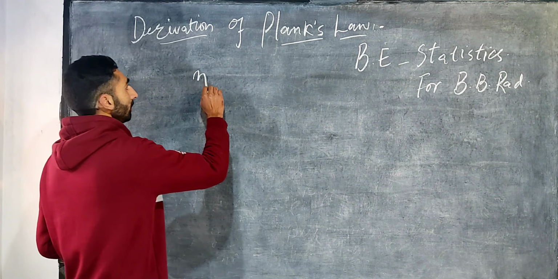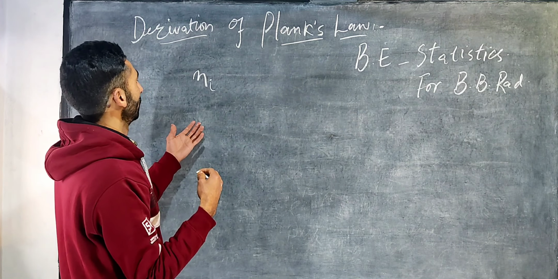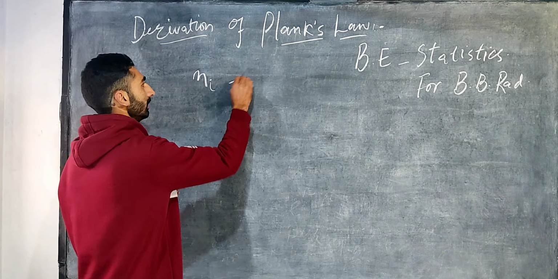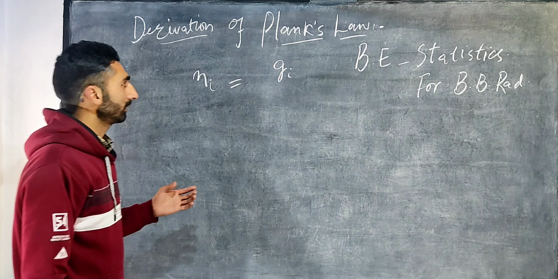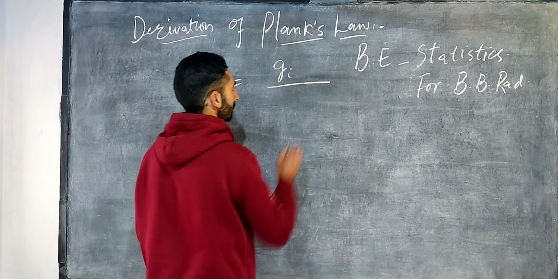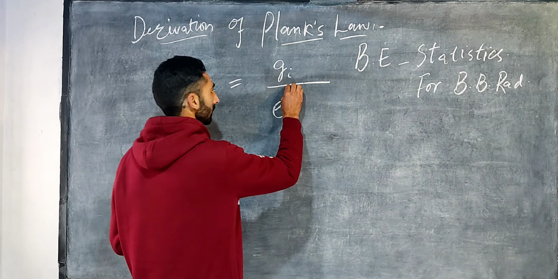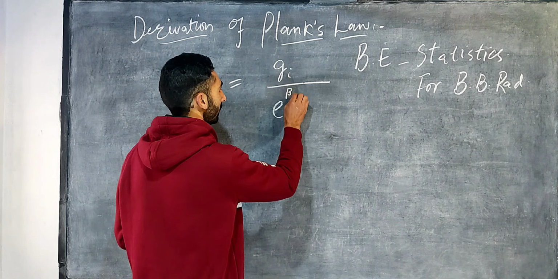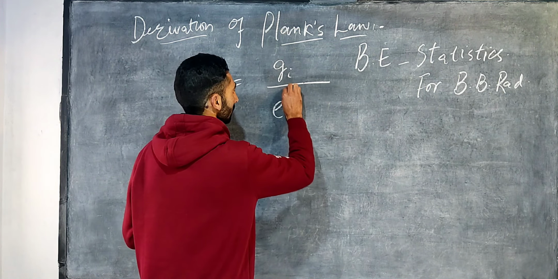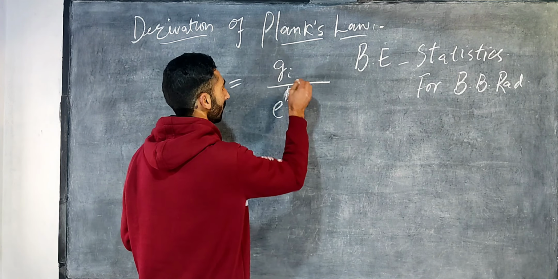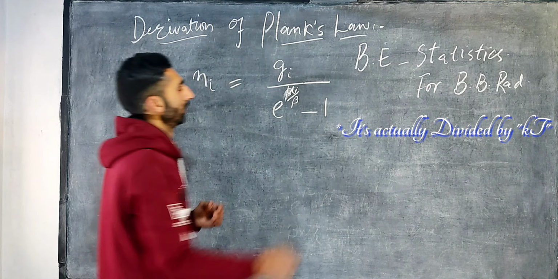The number of particles inside that very state, Ni, is equal to the number of phase space cells divided by e to the power beta ui, minus 1.